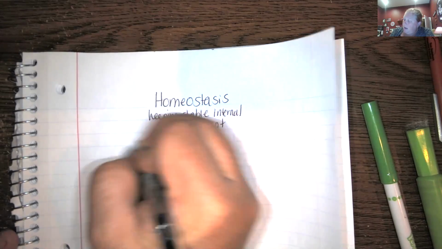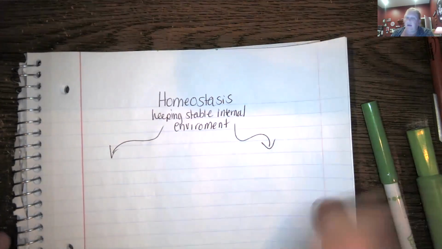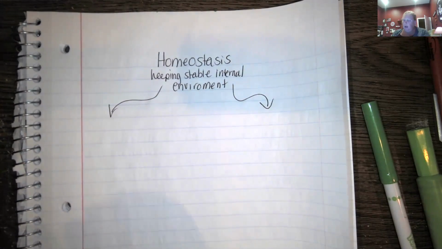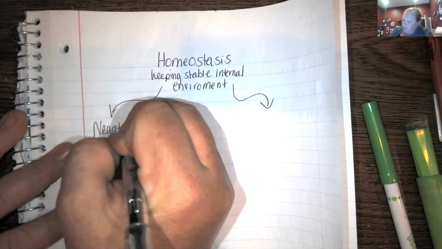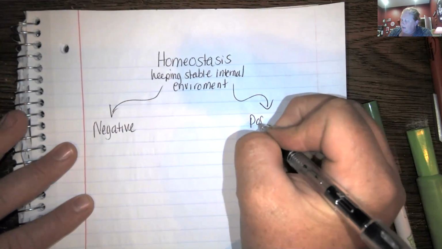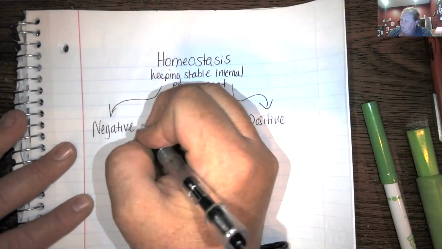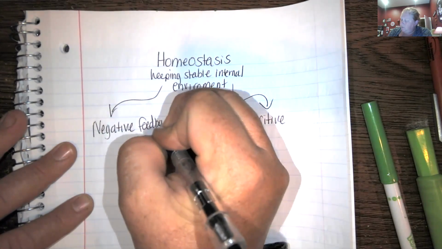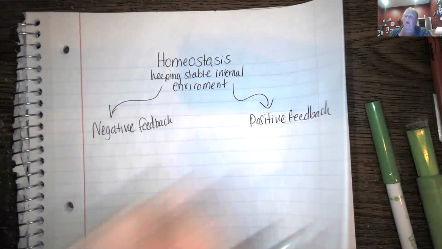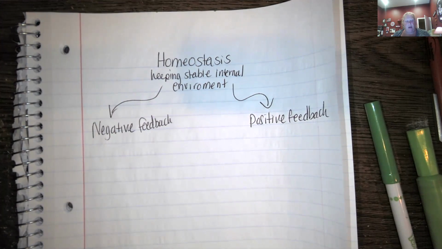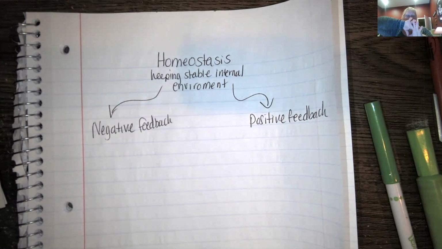Okay, and you kind of have two roads that the body uses to keep that, and we call it a negative feedback loop and a positive feedback loop. Okay, so this is how I describe positive versus negative. In a negative feedback loop, you immediately do the opposite to bring you back to normal.